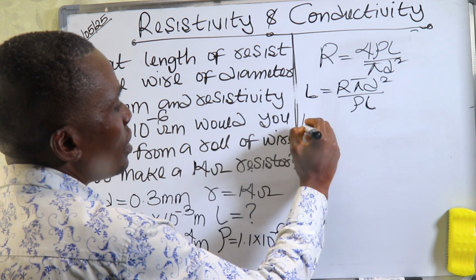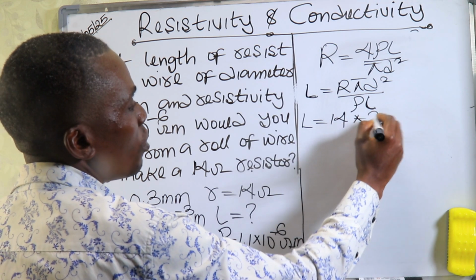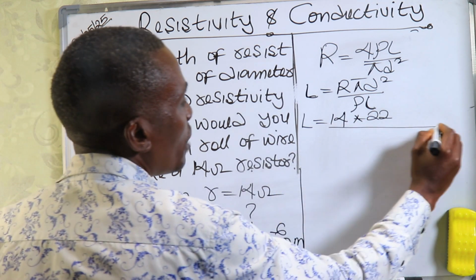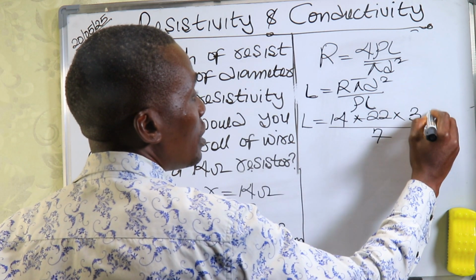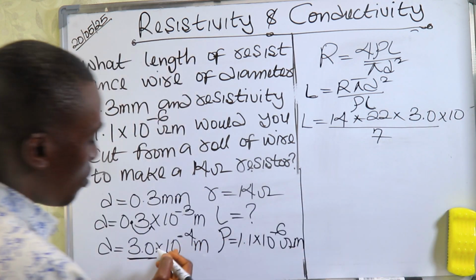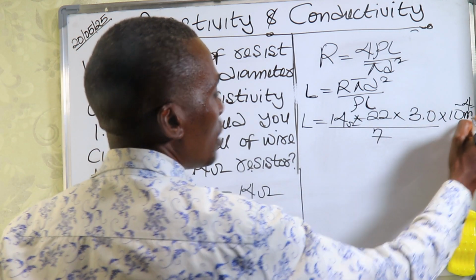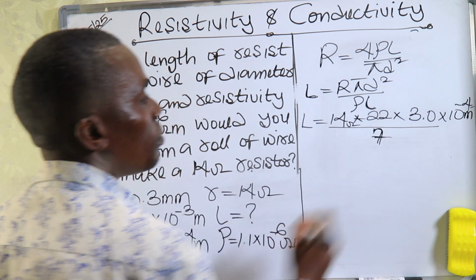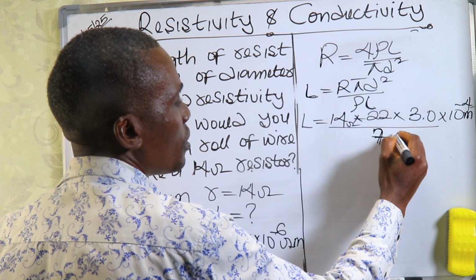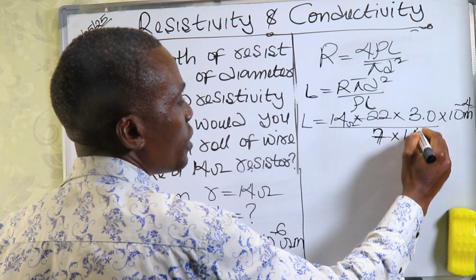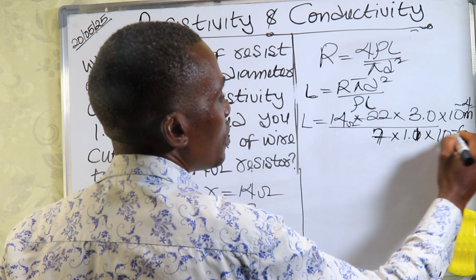We get our length equal to the resistance 14 times pi, which is 22 divided by 7, times the diameter 3.0 times 10 to the power of minus 4, over 4 times rho, 1.1 times 10 to the power of minus 6.